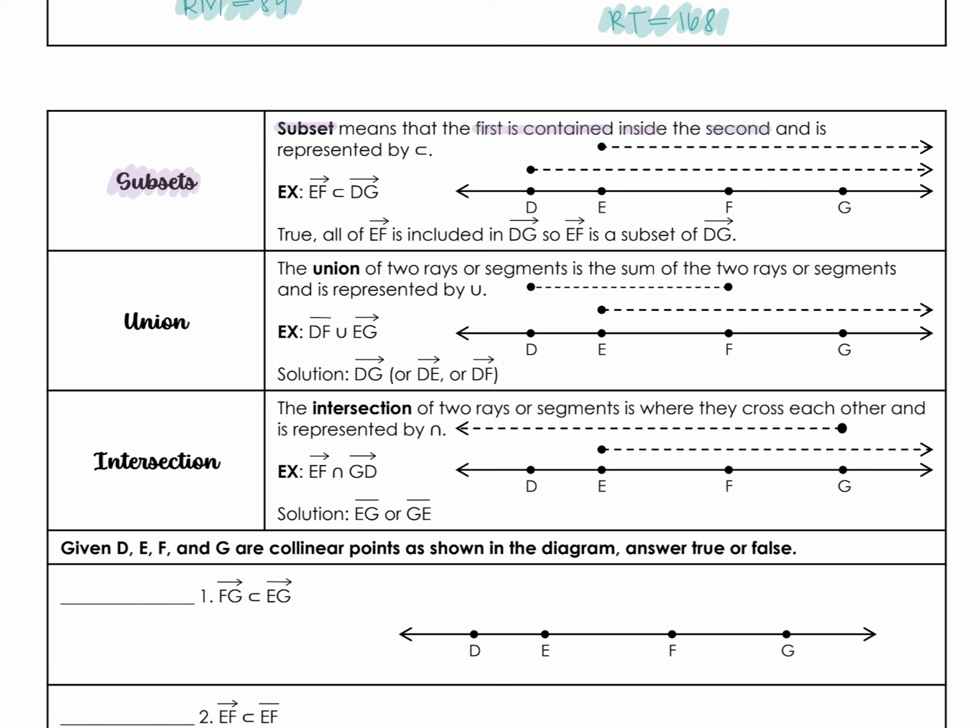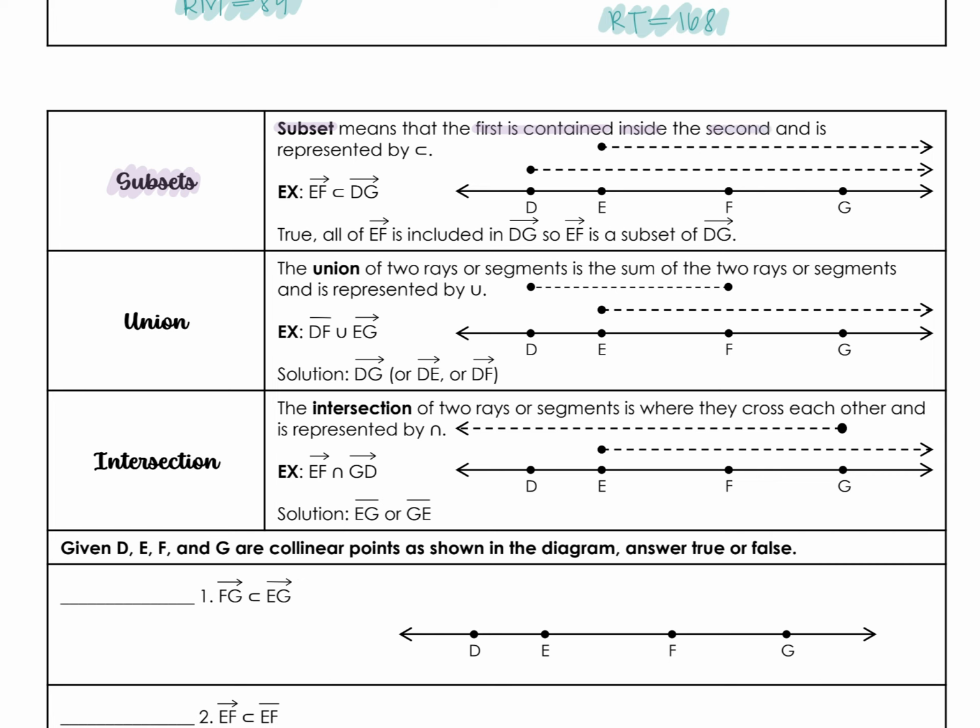Unlike with the subset one where we're answering true or false, this one we're actually going to name what we can name that will include everything that we are marking. Having multiple colors won't really matter because we want it to just include everything. So I'm just going to use the green one that we have.